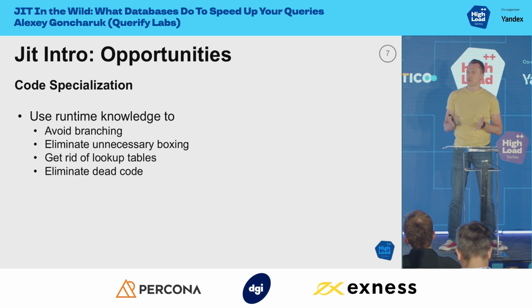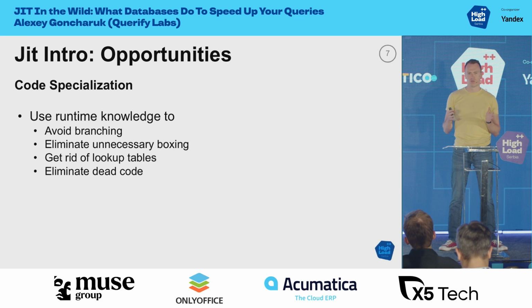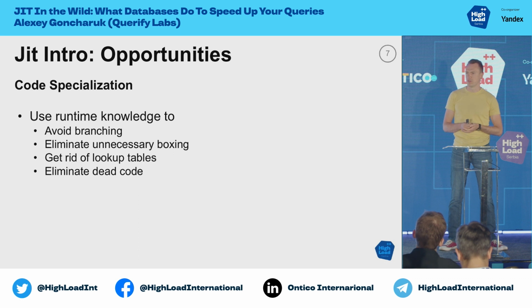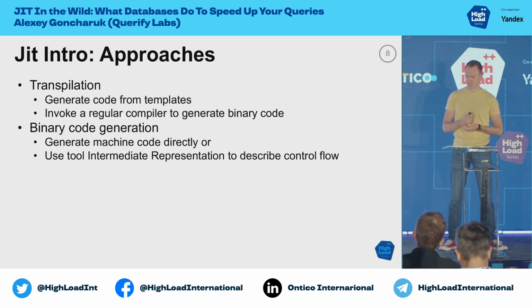The other opportunities are, for example, when you know in advance some information about the types and the code flow, you can get rid completely of lookup tables, and even strip off whole branches if you know that they will not be executed.